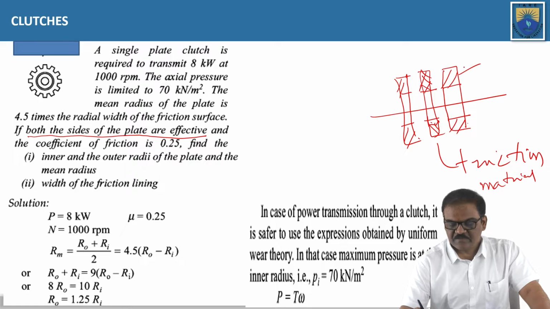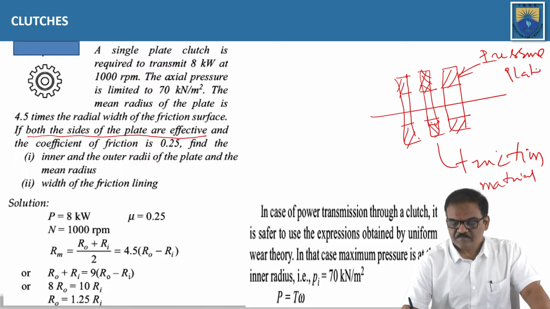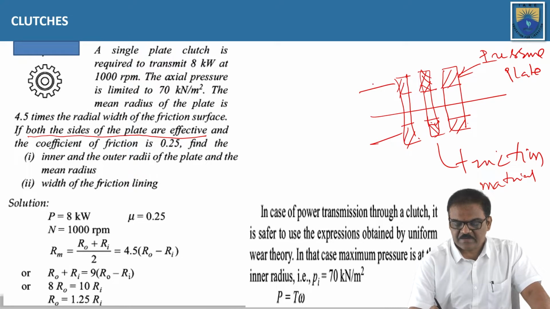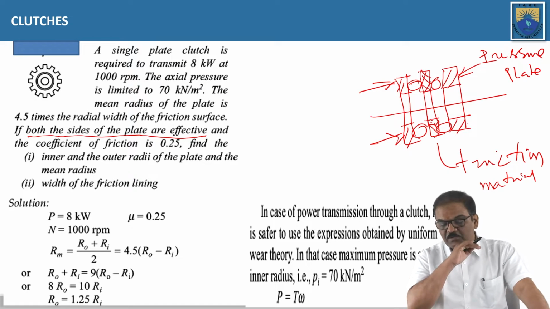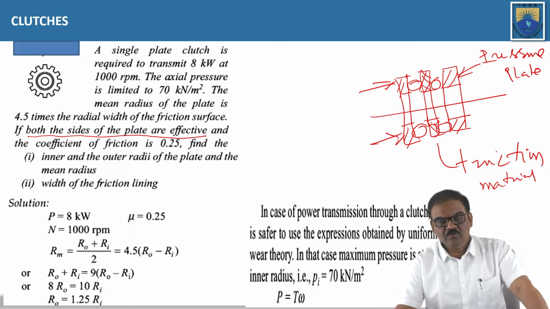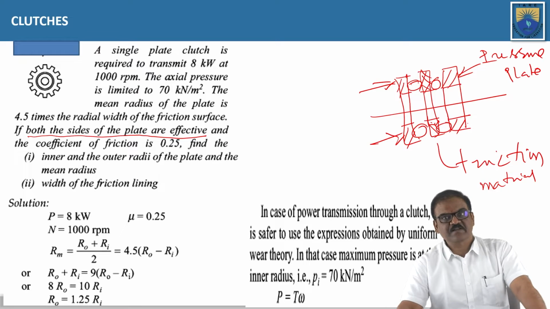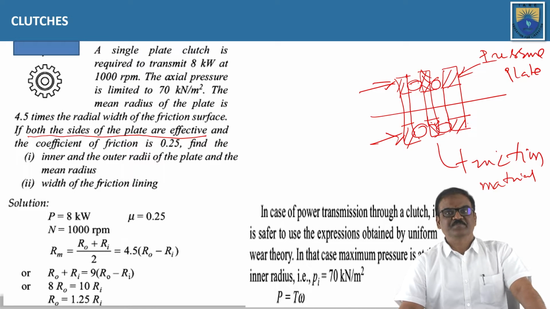And this happens to be the pressure plates, and pressure will be acting like this. So here there is a contact, here there is a contact, here also there is a contact. Therefore, it is equal to 2 clutch plates because it is acting on both the sides.